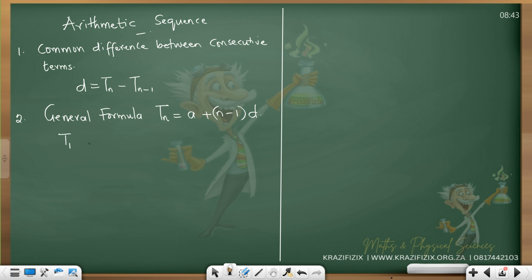Where our T1, therefore, is A, first term. Where n is the number of terms. And where Tn is the value of the term. Number of terms is n. Already we spoke about d.